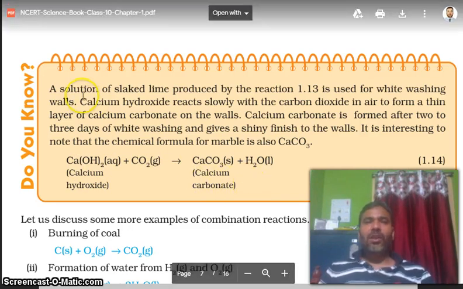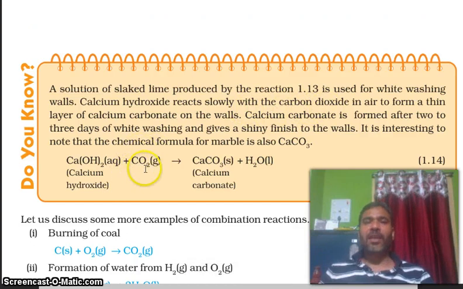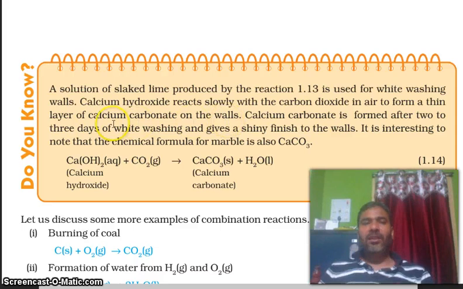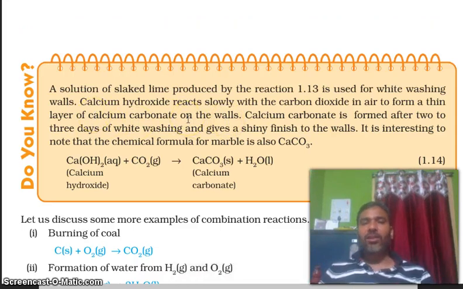So a solution of slaked lime, this is your calcium hydroxide, is used for whitewashing walls. Calcium hydroxide reacts slowly with carbon dioxide in air to form a thin layer of calcium carbonate on the wall.